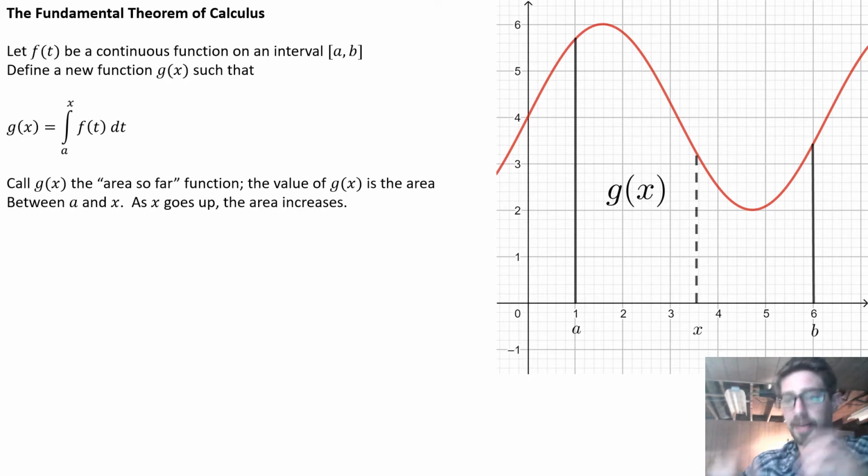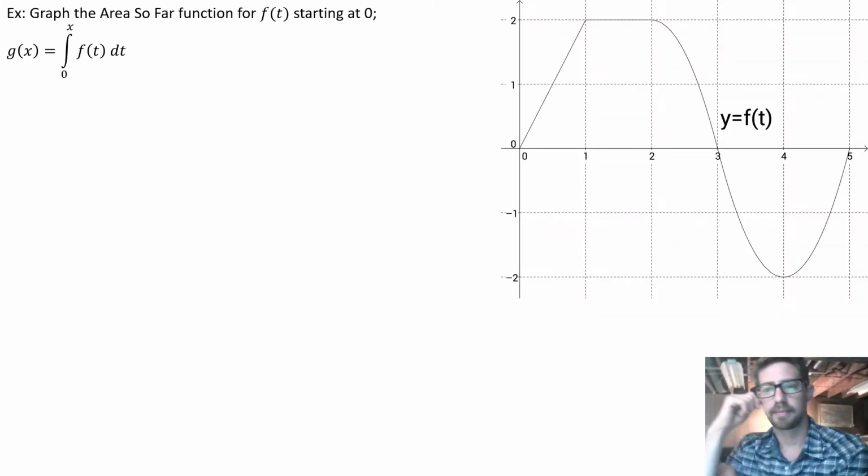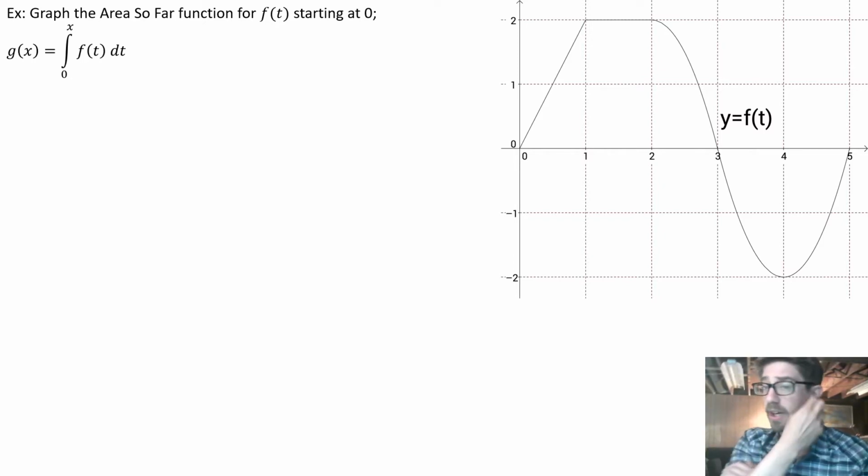And here's a concrete example where we're actually going to graph one of these area so far functions. Here's a random curve that I just drew. I'm not telling you what it is, but that's our f of t. And we are going to graph the area so far function for this curve.